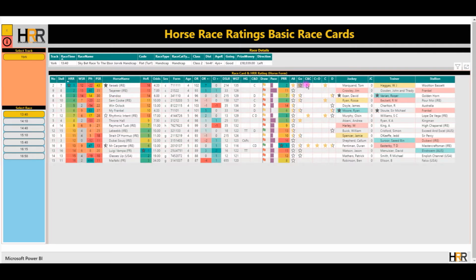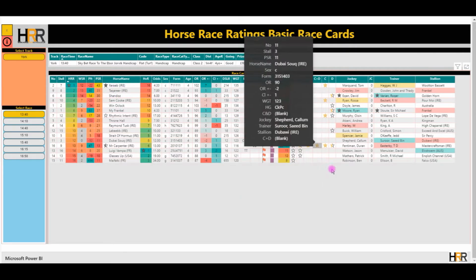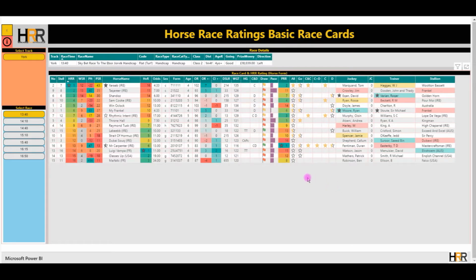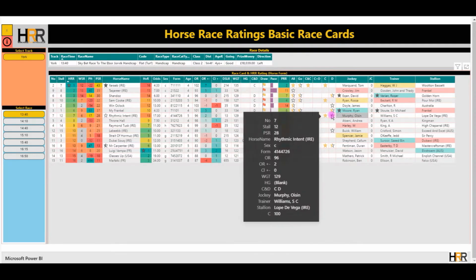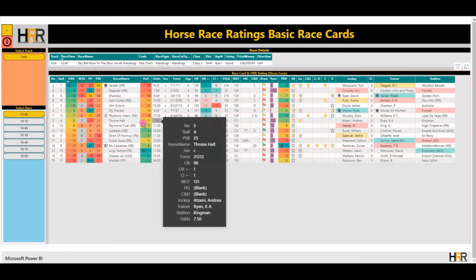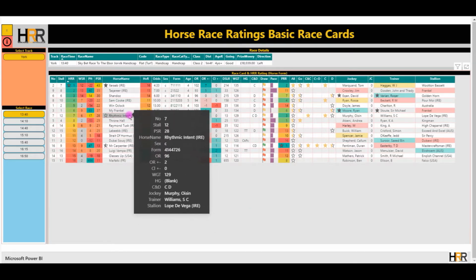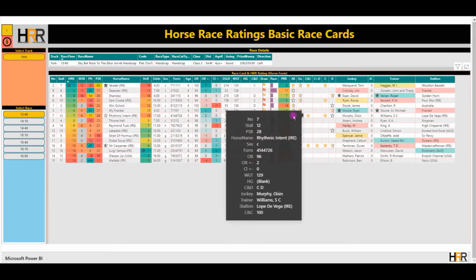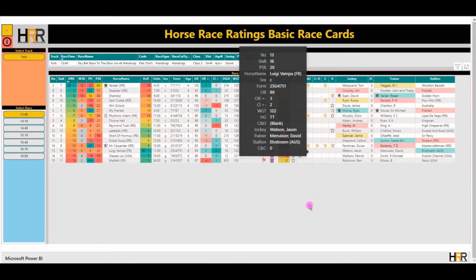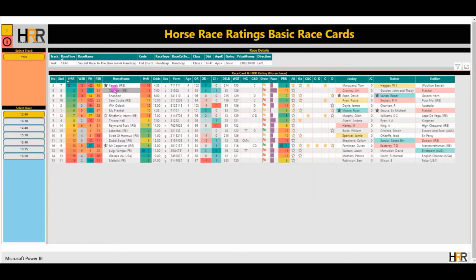Again, when you look at the stars, and if they're full or half full, you can quite clearly see that it's a good positive for Ilarab, as well as My Carpenter. And obviously when you see the third rated here, Thorn Rhythmic Intent, you can see that that's quite positive as well.